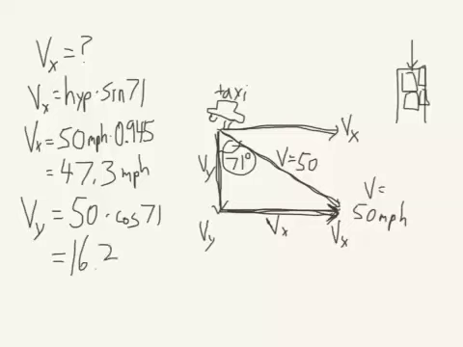So we could either say that the taxi is driving at 50 miles an hour in this exact direction, or we could say that the taxi is driving with a velocity of 47.3 miles per hour in the horizontal direction and a velocity of 16.28 miles an hour in the vertical direction.